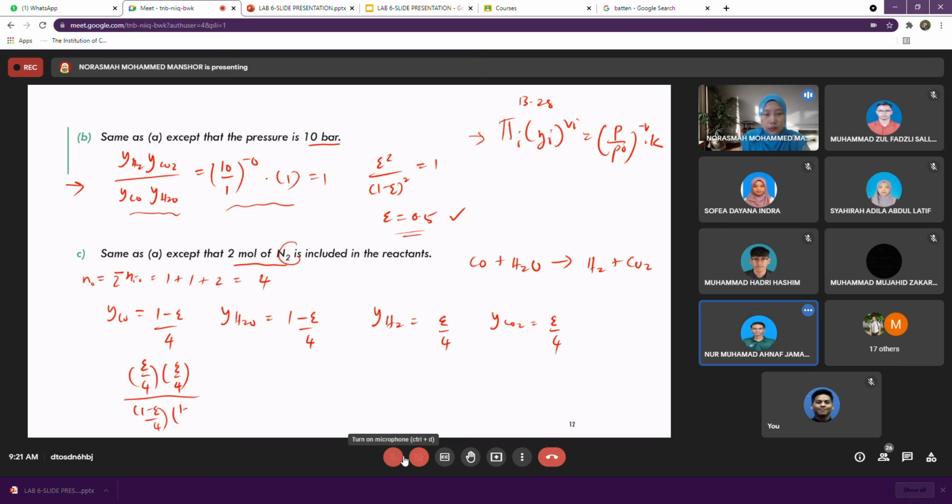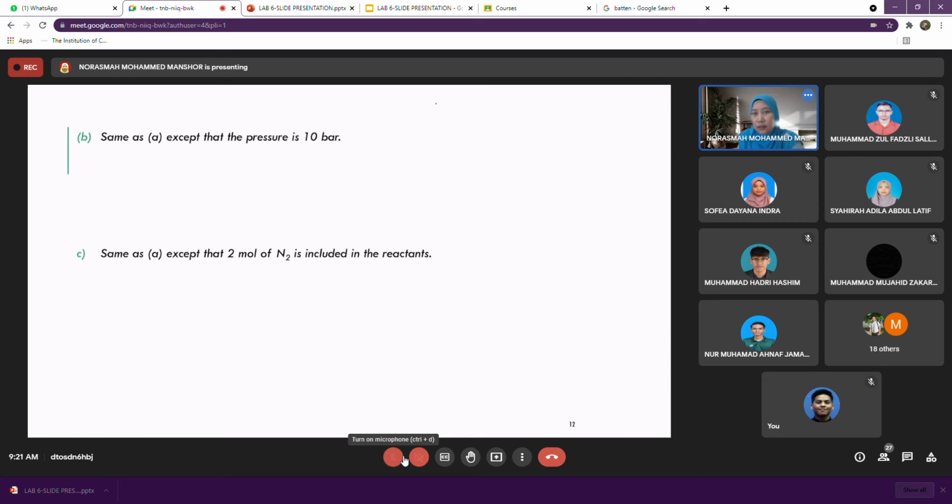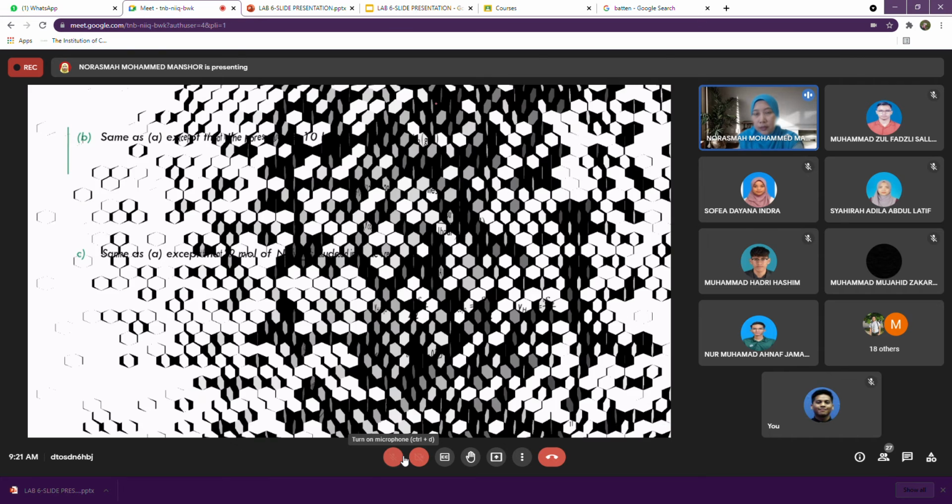Madam, untuk soalan B tu, untuk V, value V tu kita selalu ambil daripada mana? V adalah summation VI, total stoichiometric number.